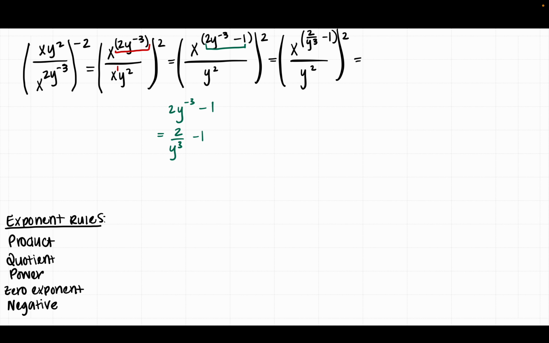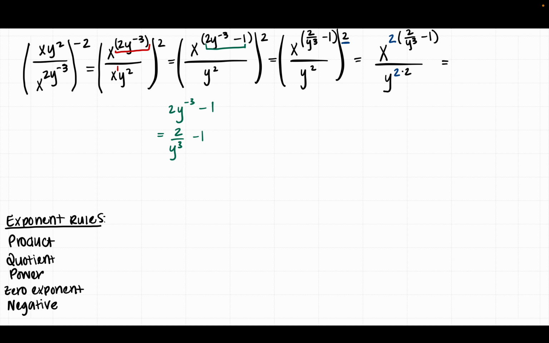Now we're going to be using our power rule to simplify this further, which allows us to multiply our exponents. So let's first look at the numerator. I'm going to highlight this in blue for you guys. So now, if you look at what's happening, you have x raised to the 2 times 2 over y cubed minus 1 divided by y raised to the 2 times 2.